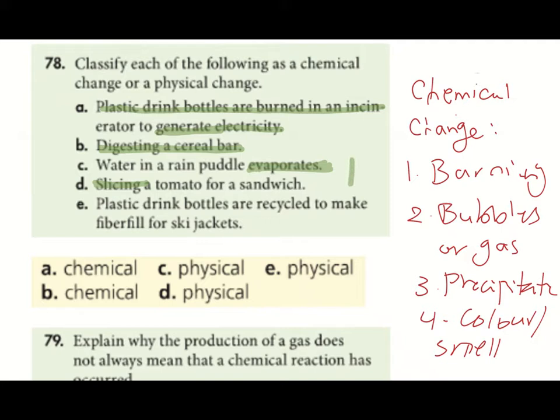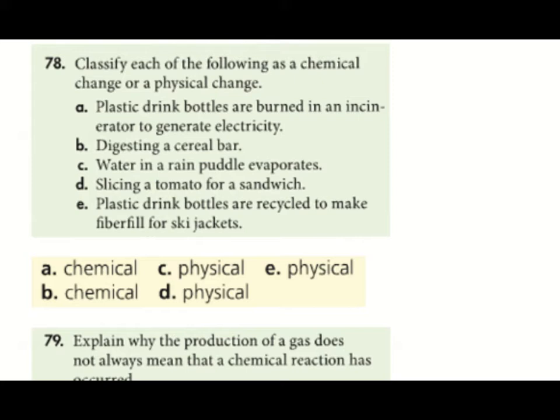So this one is physical and that one is also physical, but those are chemical. Plastic drink bottles are recycled to make fiber film for ski jackets. Recycling means you are going to change their shape only, but you will not change their composition. And this will be, of course, a physical change.